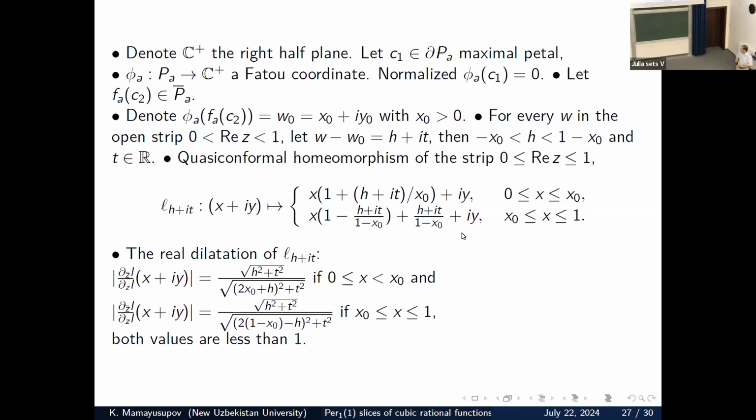And you extend it on the right strips by sending z to z plus 1. And you can also compute the Beltrami dilatation. So these are quasi-conformal. This way you can do a global homeomorphism, a global conjugacy on the maps with critical points.